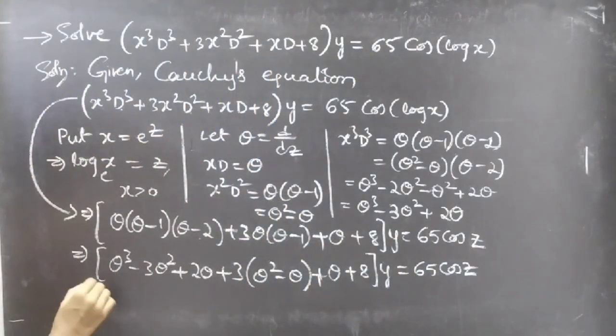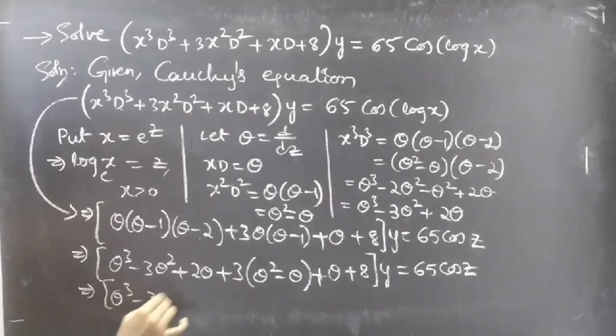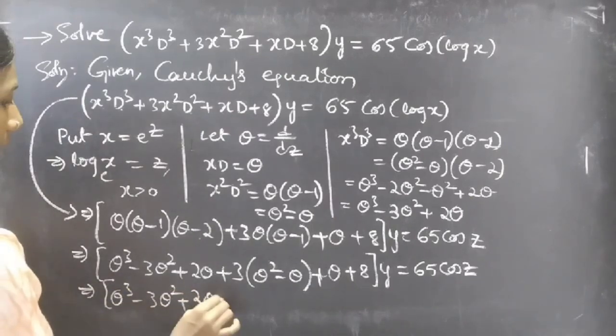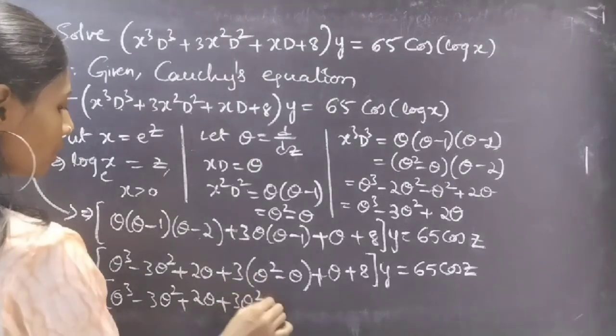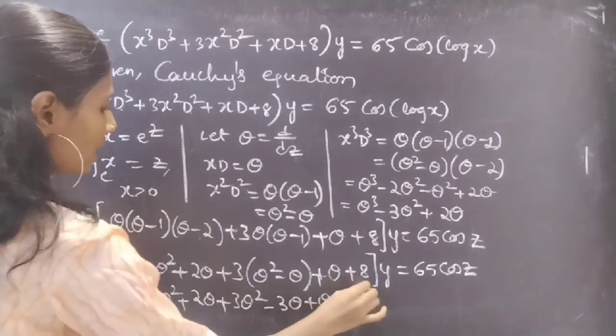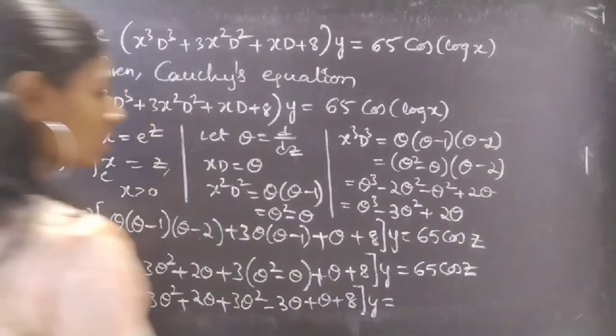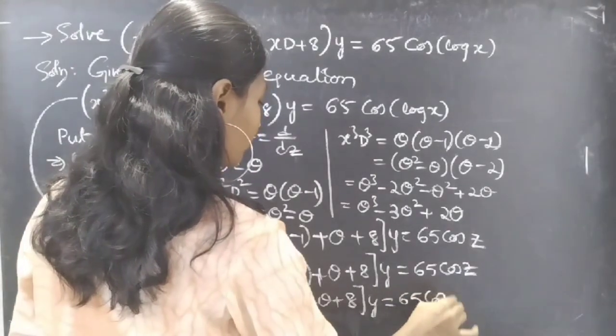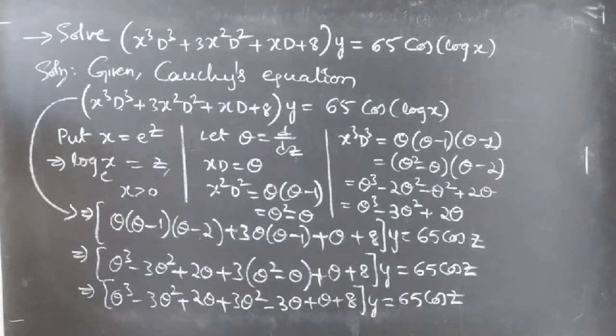Then this becomes theta³ − 3theta² + 2theta + 3theta² − 3theta + theta + 8, into y, equal to 65 cos z. So here −3theta² plus 3theta² gets cancelled. Then 2theta plus theta is 3theta, and 3theta minus 3theta gets cancelled.